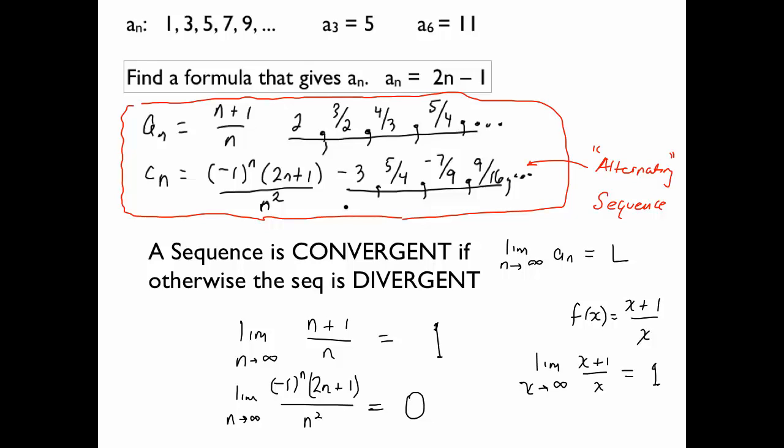Okay, so when you're talking about convergence or divergence, we're thinking of these sequences as functions. So how are they the same and different from functions? Any questions on this slide here?